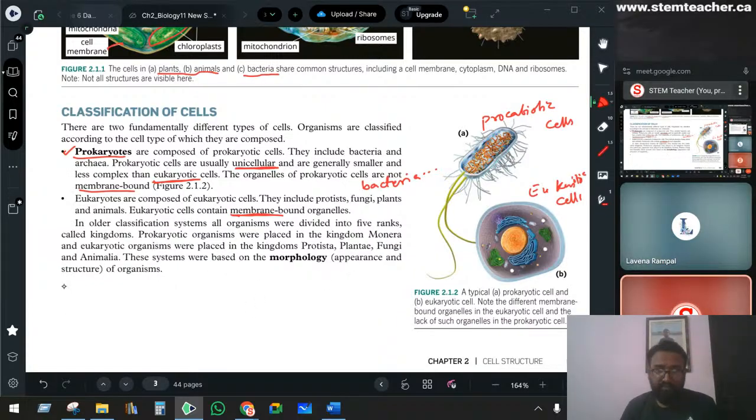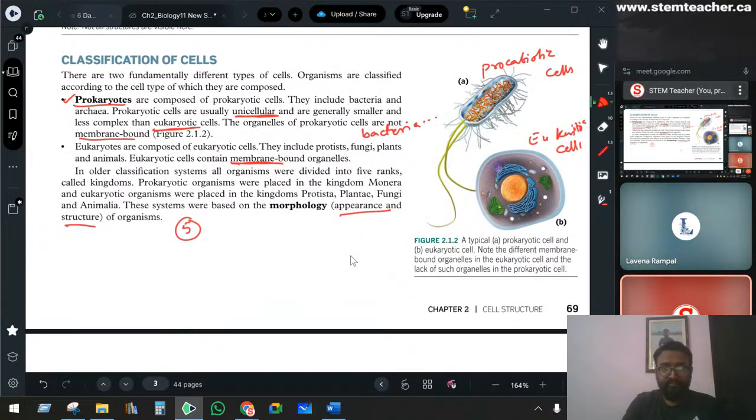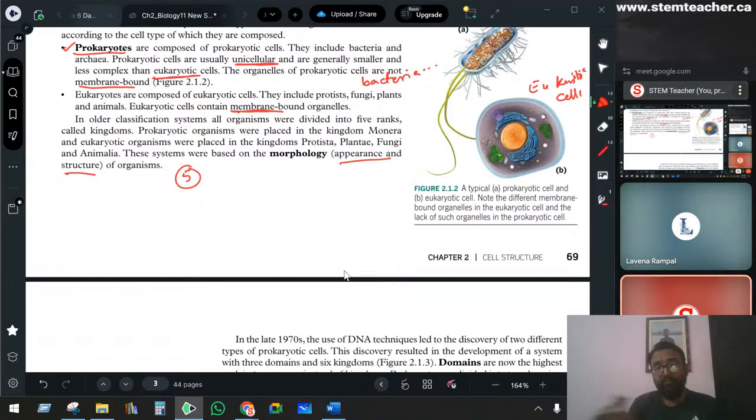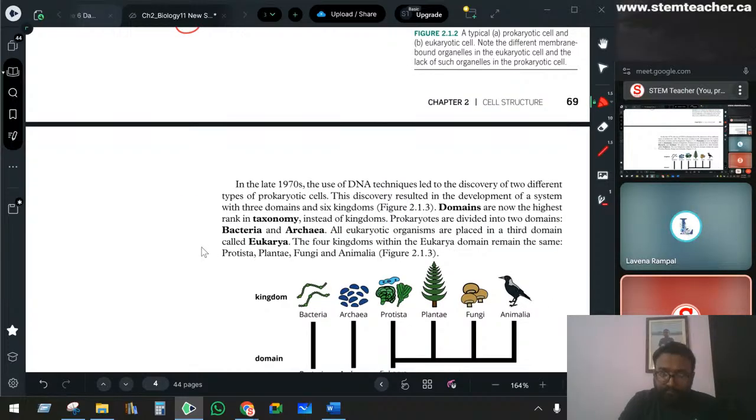So according to appearance and structure, there are 5 types, but basically we will go with eukaryotic or prokaryotic. Okay, prokaryotic are unicellular without cell membrane. Eukaryotics are also unicellular but with membrane. Unicellular means only one nucleus is formed. Okay, is it clear?